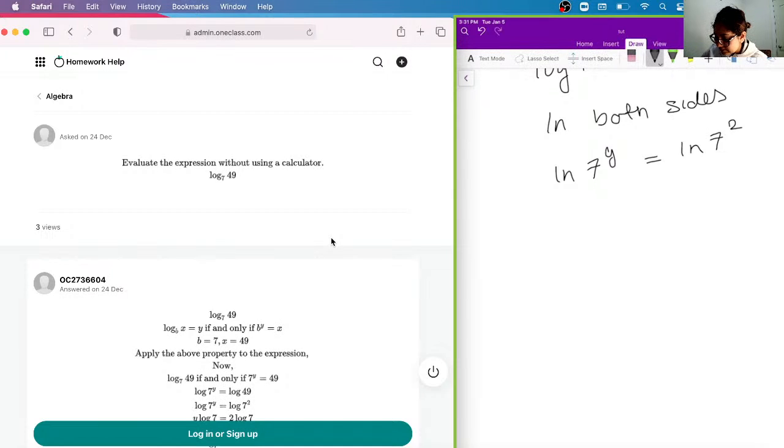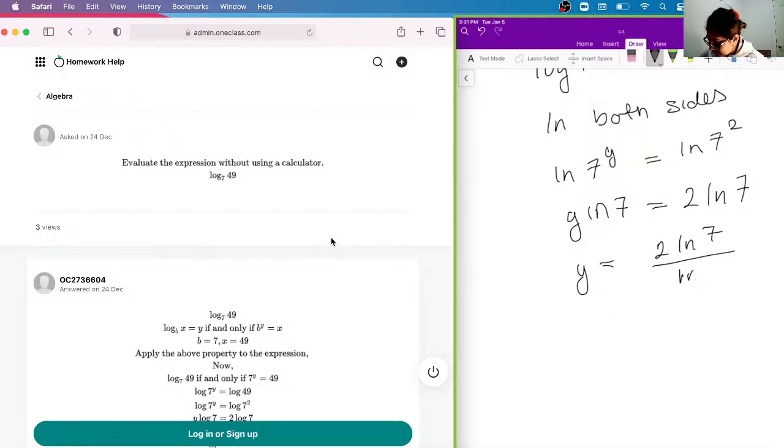And so this becomes y ln 7 is equal to 2 ln 7. Now you can solve for y: you have 2 ln 7 over ln 7, so the ln 7 cancels, and you have y equals 2.